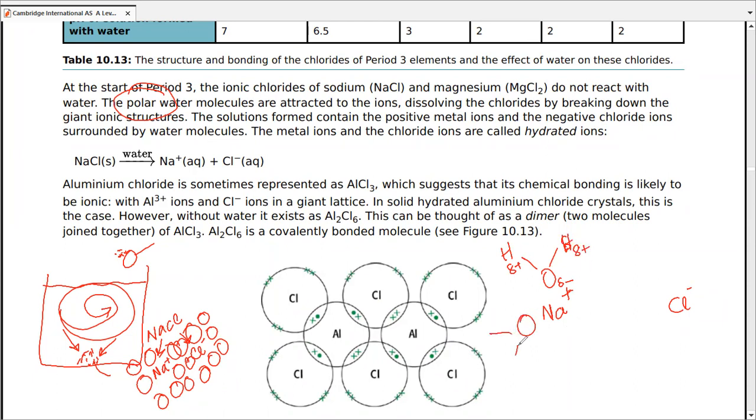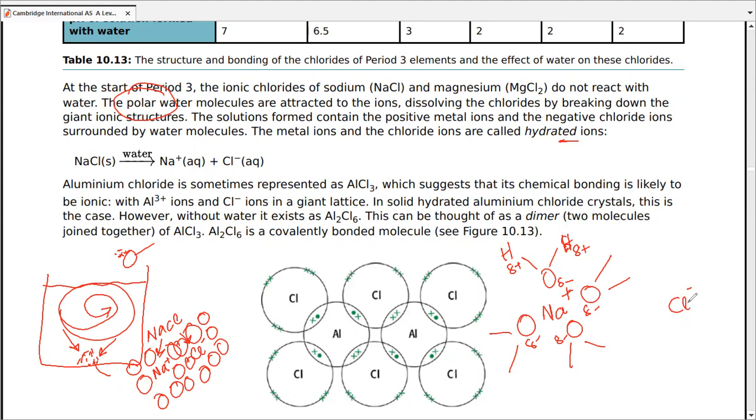So oxygen is going to surround it like this, and all of the partially negatively charged oxygen atoms are attracted to the sodium. That's why water is capable of breaking it down, because it can then show more attractive forces, which are more stable. We simply call them hydrated ions.